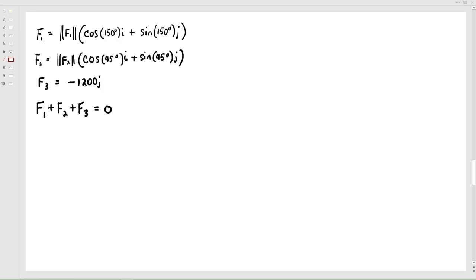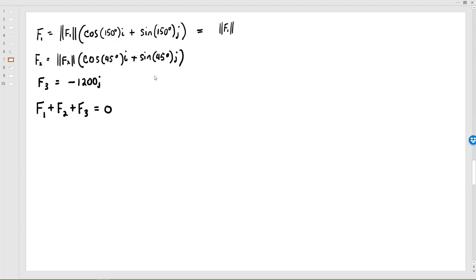Okay, so we're pretty much done with our pictures. I've copied our little system here, and if we simplify this a little bit, we know that F1 is equal to the magnitude of F1, and then the cosine of 150 degrees is negative square root of 3 over 2.